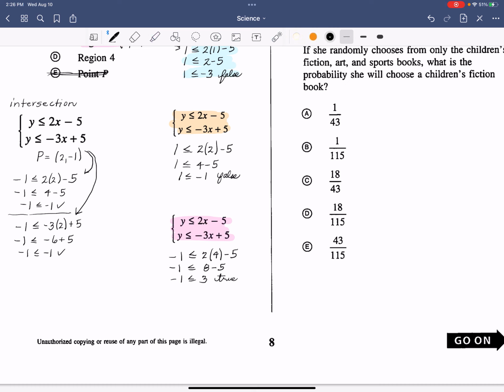If it is, this is the answer. But let's test it to see. So we're going to say negative 1, that's our y. Negative 3 times positive 4 plus 5. So negative 1, negative 12 plus 5. So this is saying that negative 1 is less than or equal to negative 7, and that is a false statement. And therefore, this cannot be the solution.